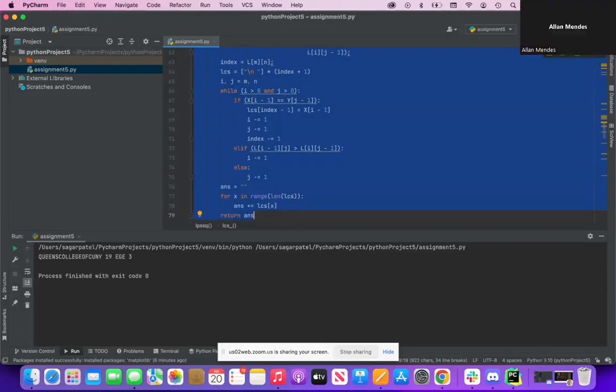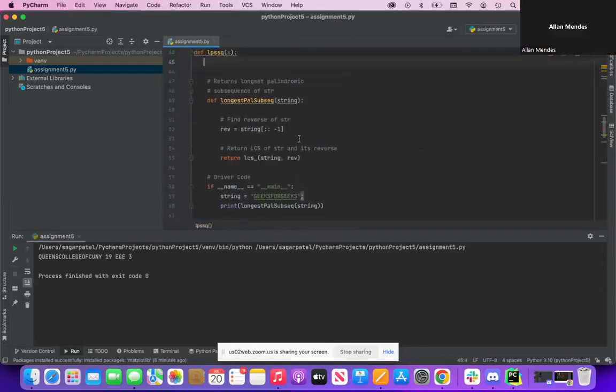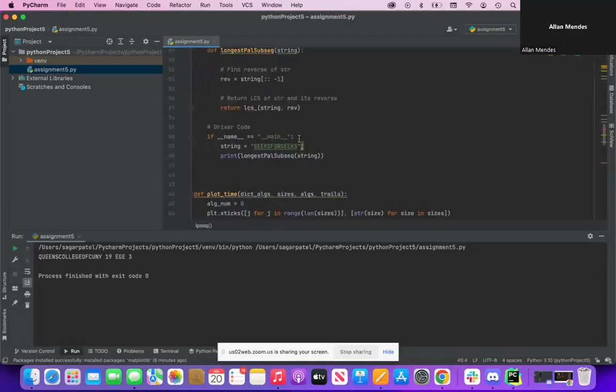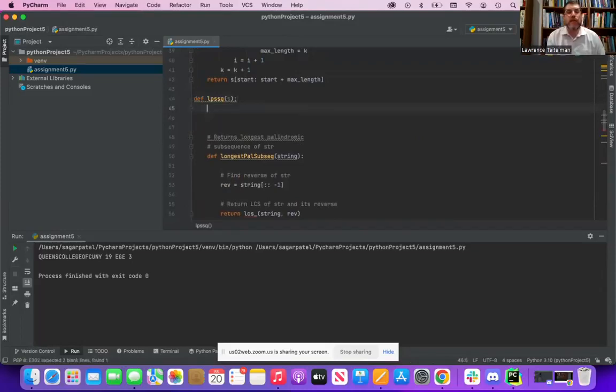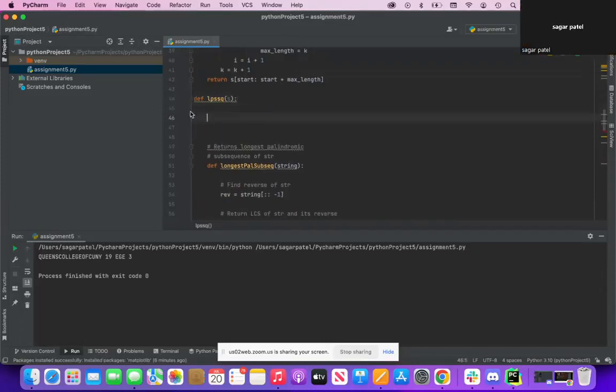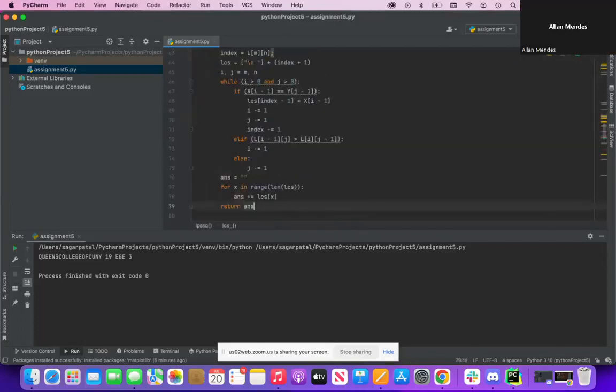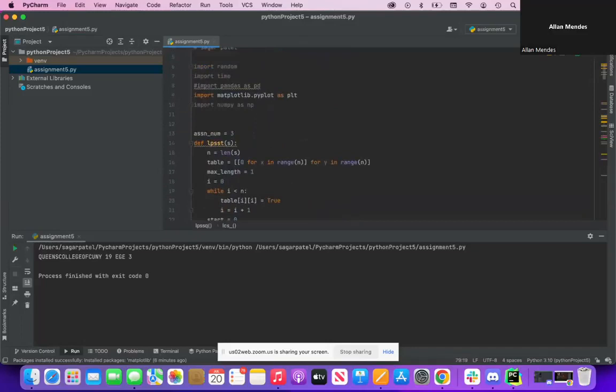Cut this, Control X. Now where do you want to paste it? Anywhere outside this function, not inside the function. Line 43, you paste it in the same place again.